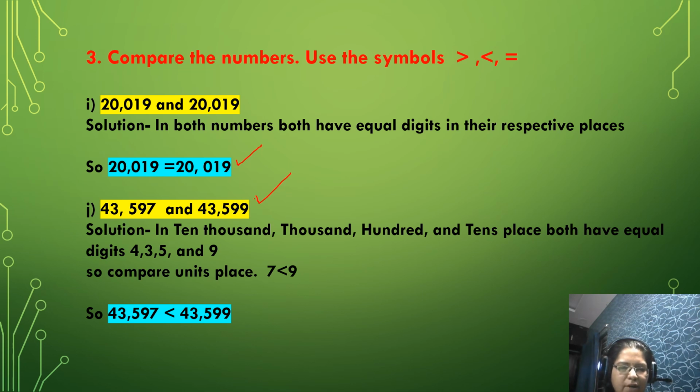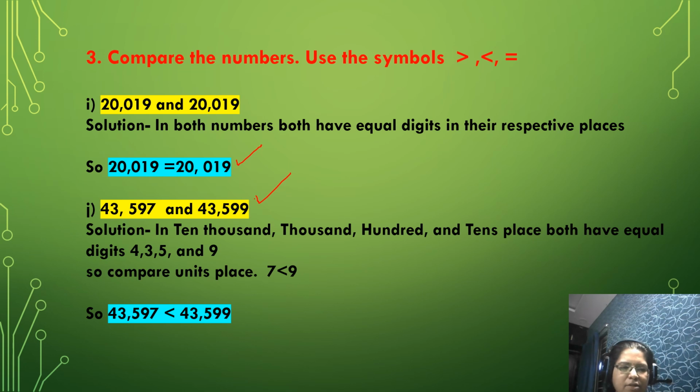In the second number, in the 10,000s place, digit 4 is there. Both are equal. So we move to the next place value, the 1000s place. In the first number, in the 1000s place, 3 is there. In the second number, in the 1000s place, 3 is there. Both are equal. So we move to the 100s place.